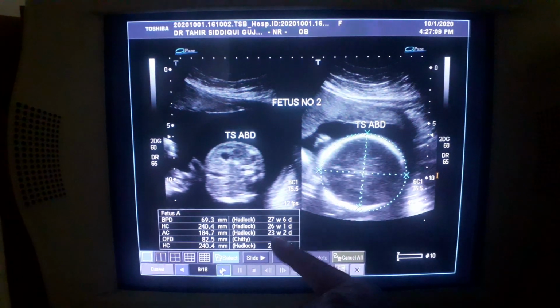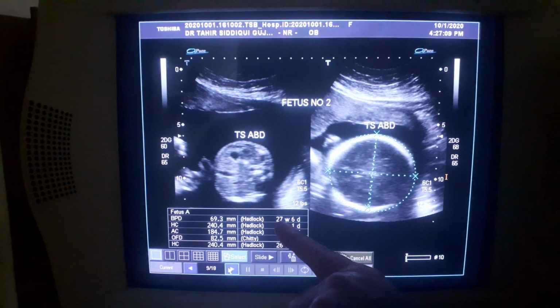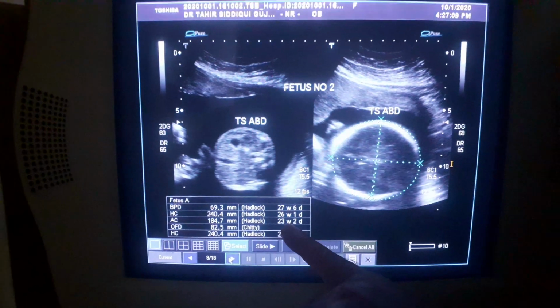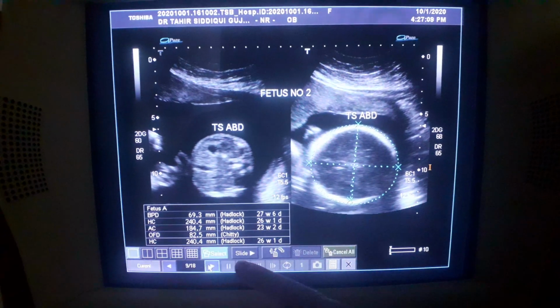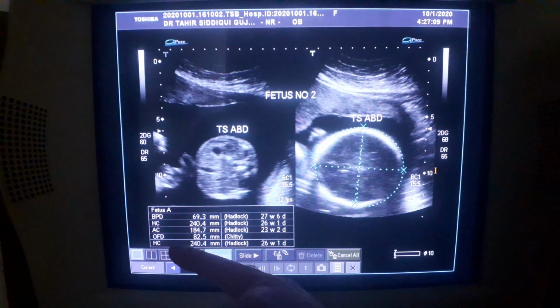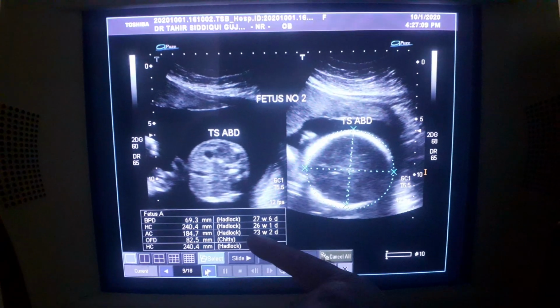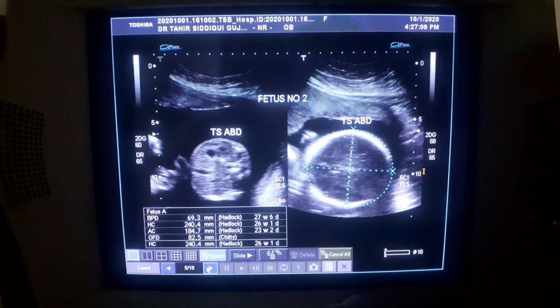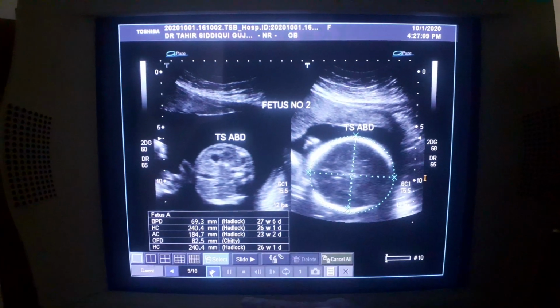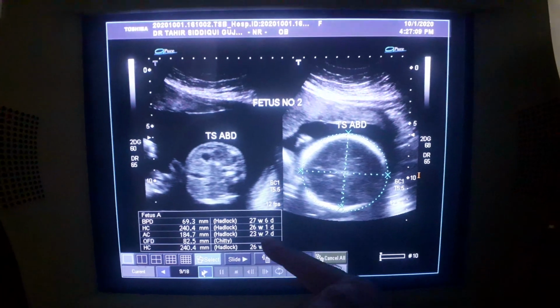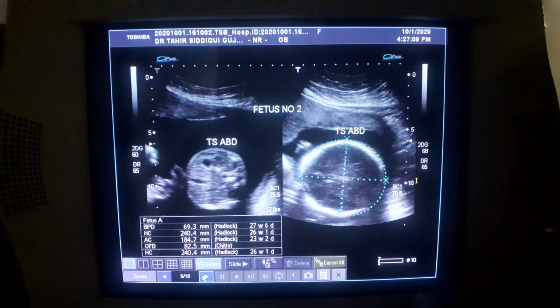So there is a discrepancy between BPD and the abdominal circumference, whereas the head circumference, the biparietal diameter and even the OFD all correspond to the gestational age of 26 to 27 weeks.